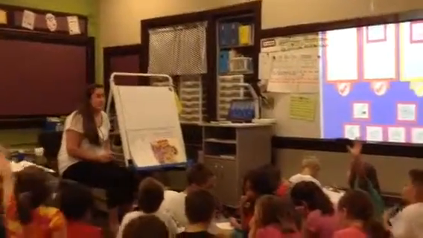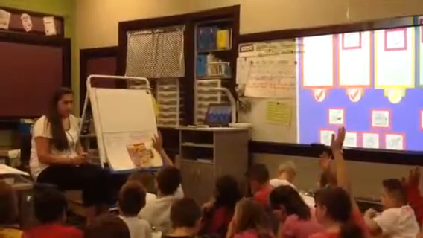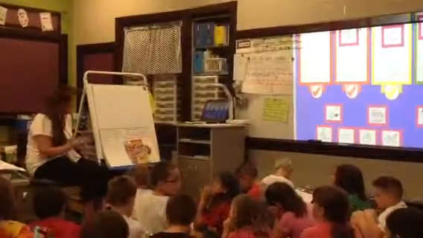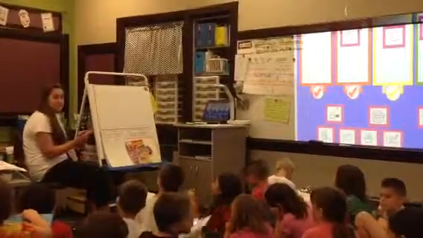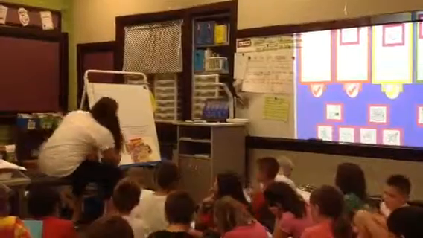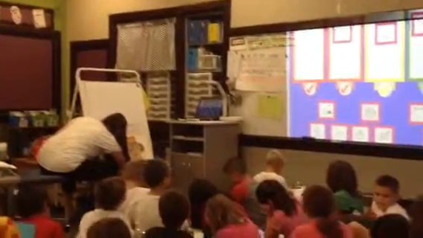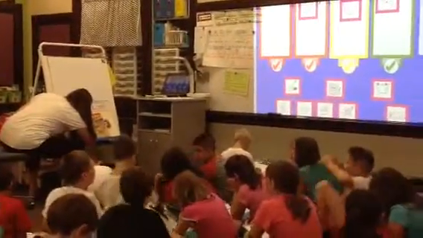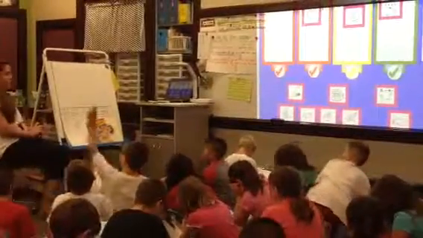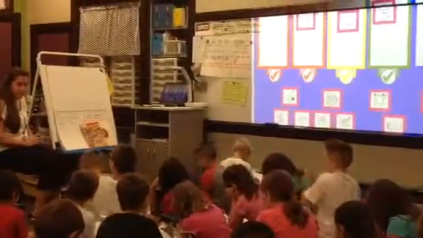Okay, somebody else have one? Emily? Net? Mat. Like on the floor. A mat. Alex, you have one? Bat.